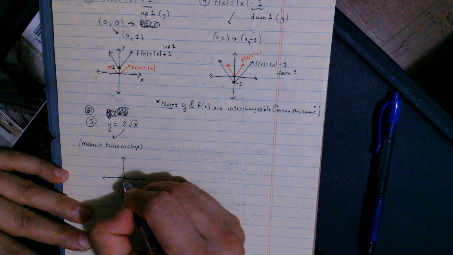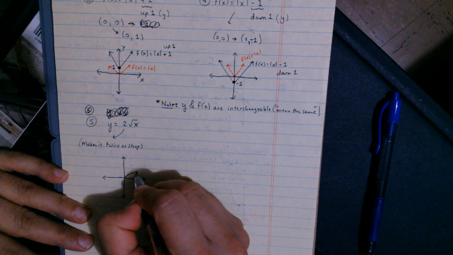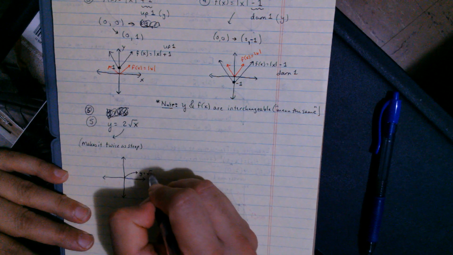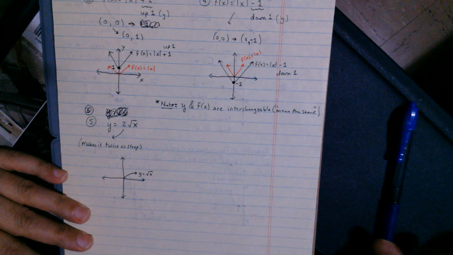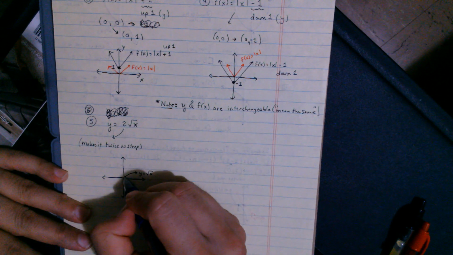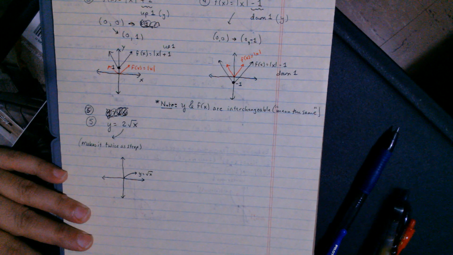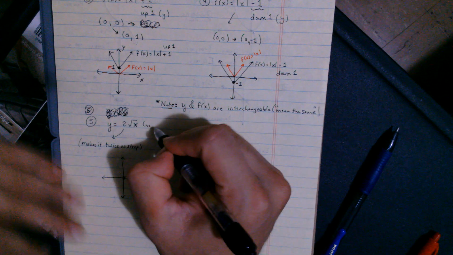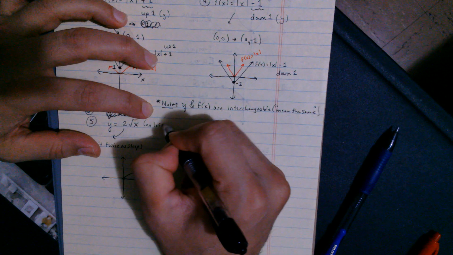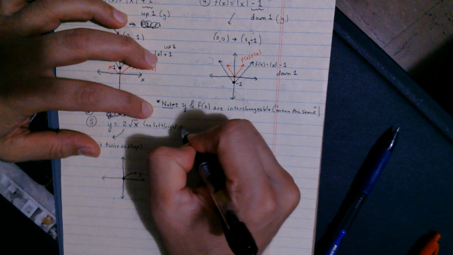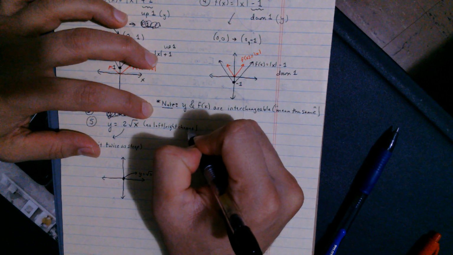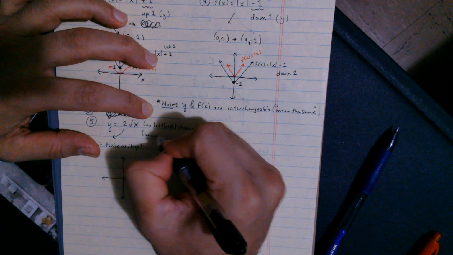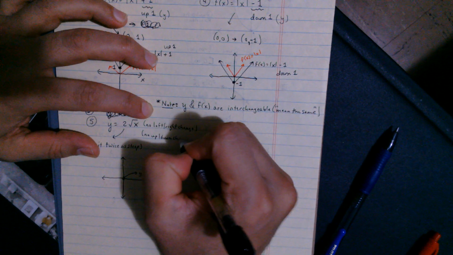So for us, if this is y equals the square root of x, then notice here, there is no left or right change. There is no up or down change.